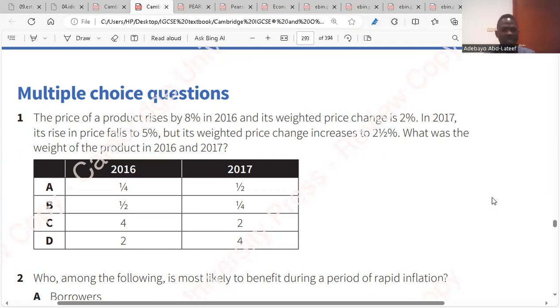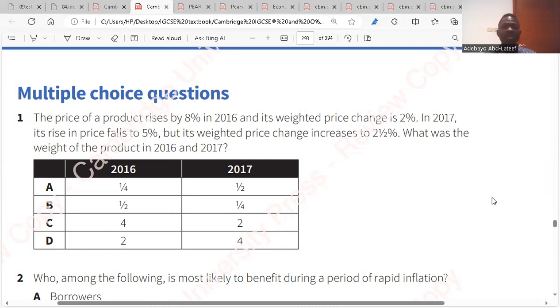The price rises, then falls to 5%, but its weighted price changes to 2.5. What was the weighted price in 2016 and 2017? In 2016, we have 108 over 100 and 102. So what is 1 divided by 4, please? 0.25. Yeah, okay.